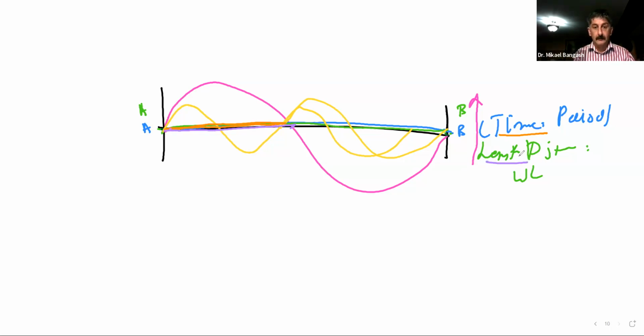So for this one here, this will be the period of this second orange or yellow wave if you measure it in time, and its wavelength if you measure it in terms of length and distance.